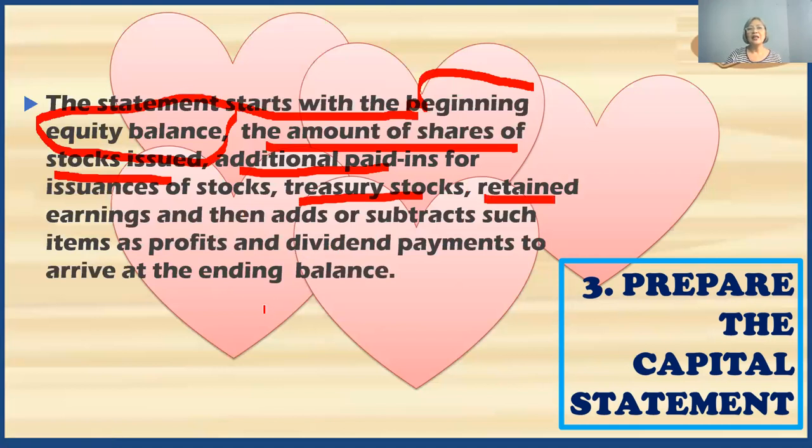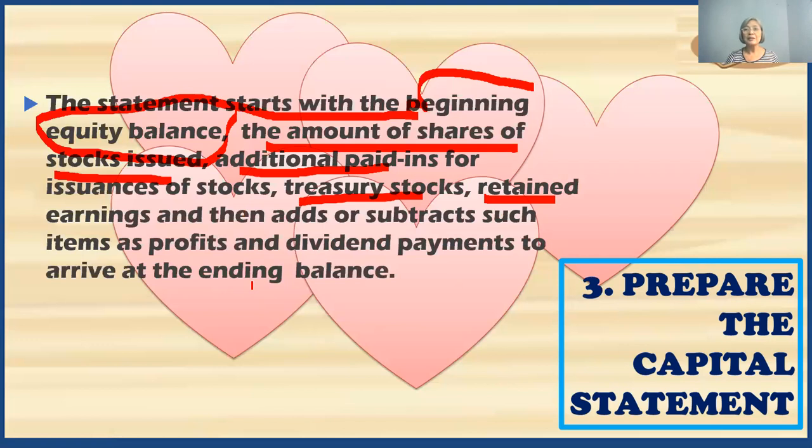Paano natin yan ihahalin tulad dun sa ang capital statement ng sole proprietorship and partnership? So, kasi ang capitalization ng corporation ay nanggagaling sa issuance of stocks. So, hindi na masasama yung pangalan ng stockholders kasi marami masyado yon.